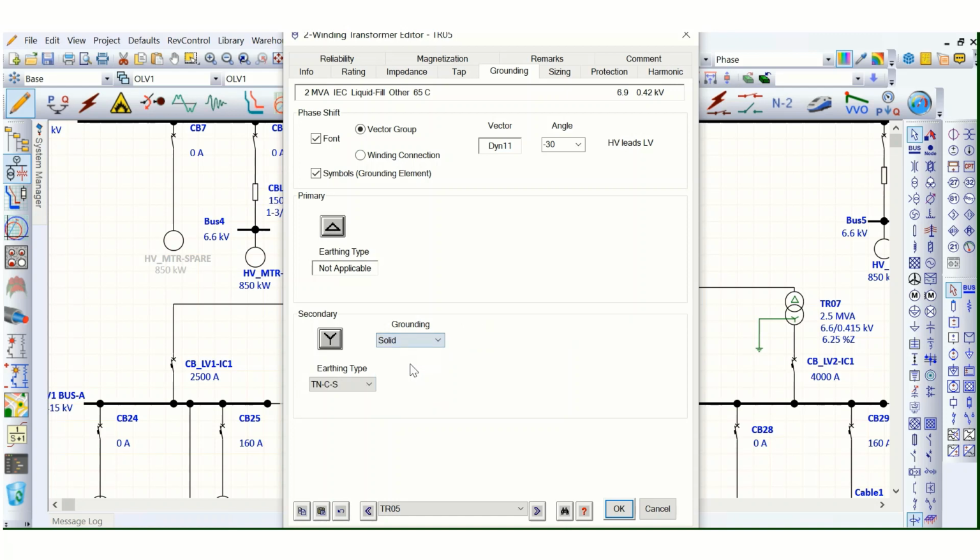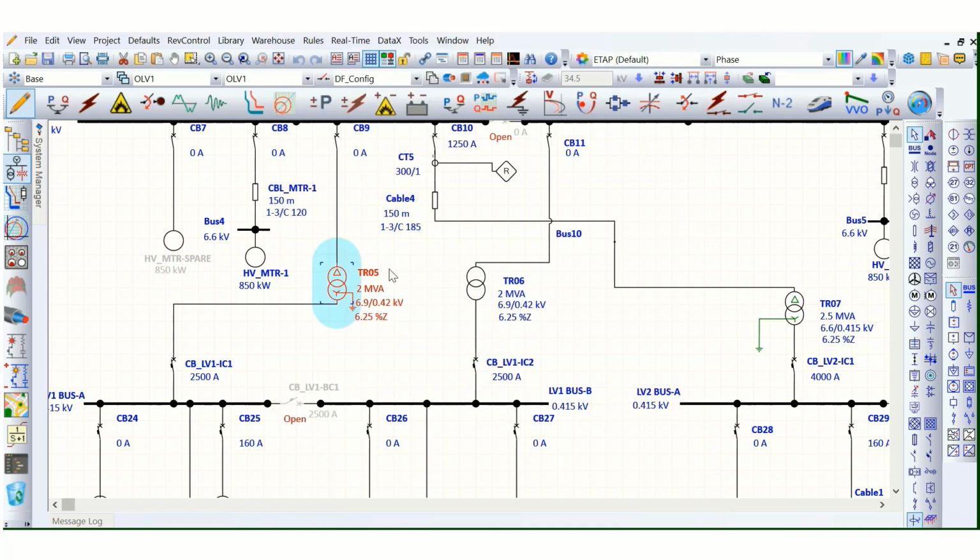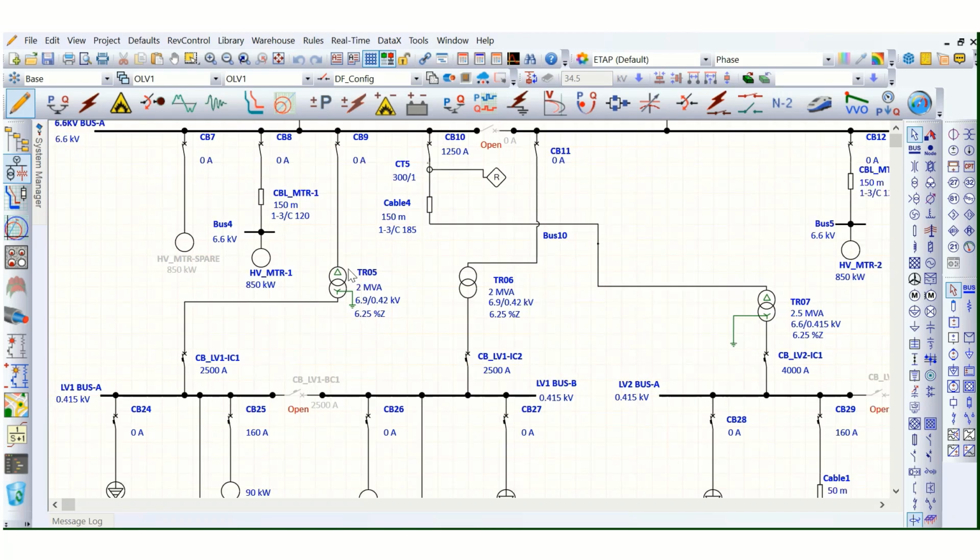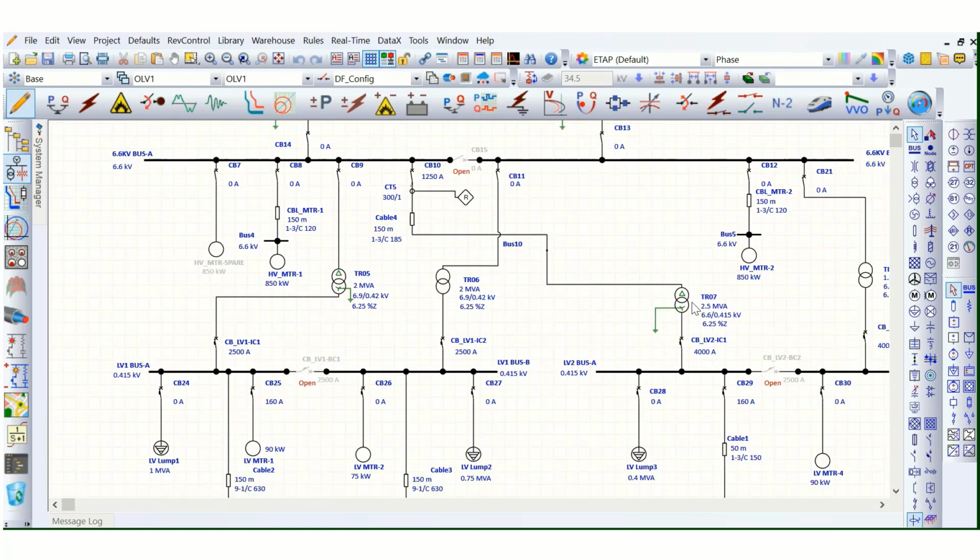We'll select the solidly grounded system for the low voltage system. Why? The question is why? Because for a low voltage system, for a 415 volt system, as per the regulation, it should be a solidly grounded system.